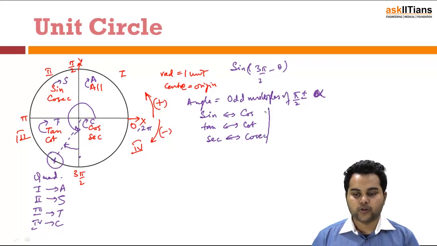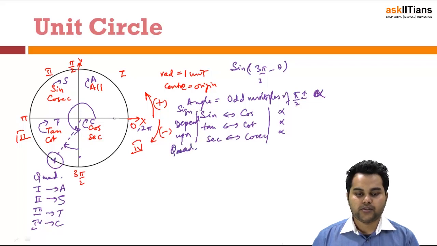So this was about trigonometric ratios. The angle would be just alpha in all the 3 cases. If I talk in terms of the sign, whether it's positive or negative, that will depend upon quadrant. That's why I have mentioned in which quadrant, which trigonometric ratios are positive.